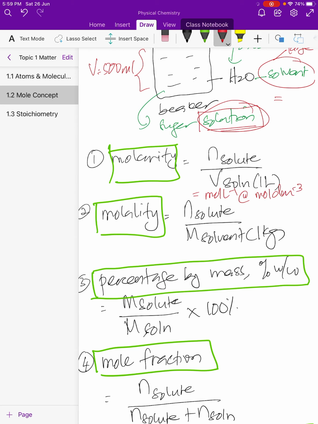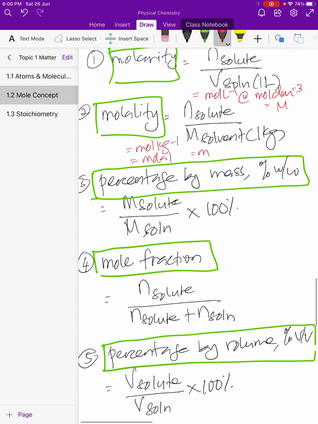For molality, it is mole per kg, or molal, or small m. Okay, that stands for molality. Molarity also we can use capital M.